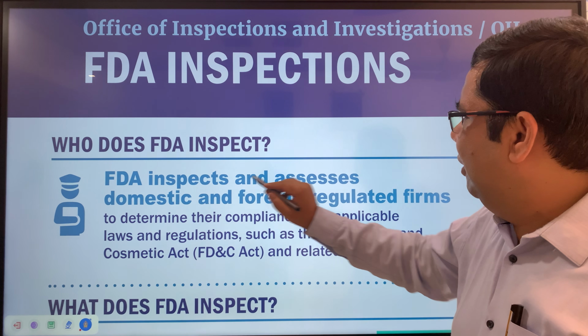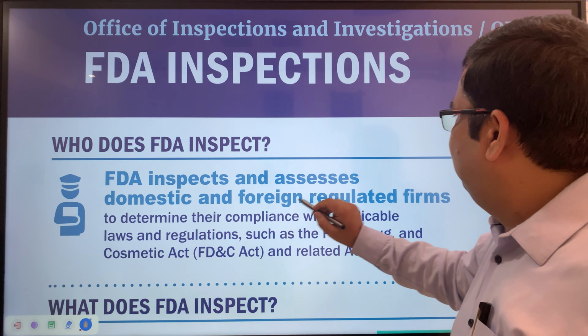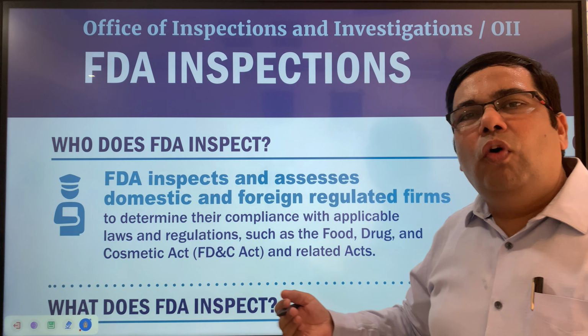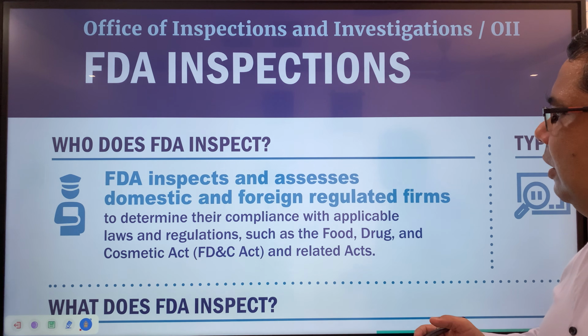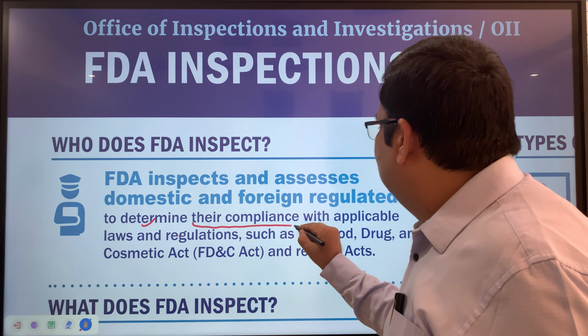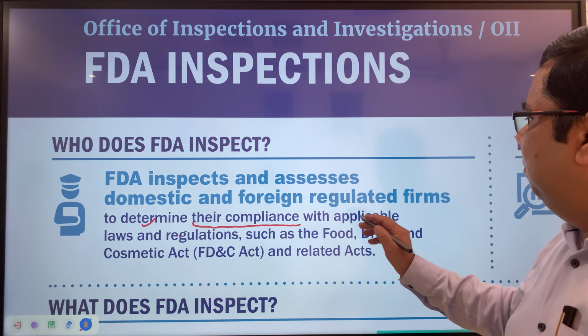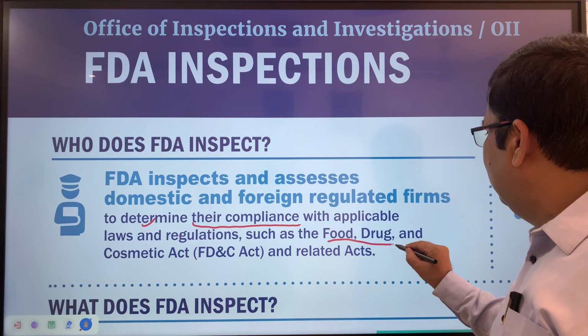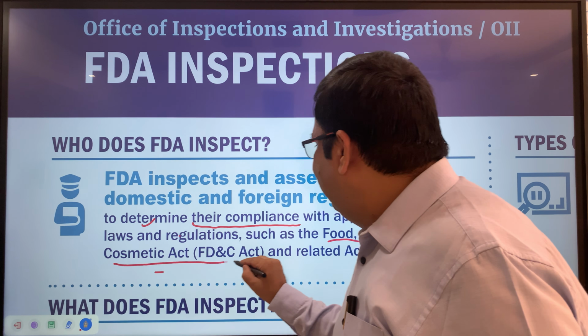Basically FDA inspects and assesses domestic and foreign regulated firms. Now why is FDA inspecting the domestic and foreign manufacturers? To determine the compliance with applicable laws and regulations such as the Food, Drug, and Cosmetic Act, the FD&C Act.